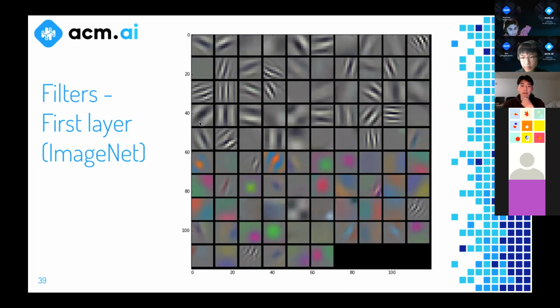What the filters are actually going to try to detect are different textures, different patterns, different edges, or differences within regions. This is a printout of the filters from the first layer of ImageNet, a very famous, primary type of CNN.